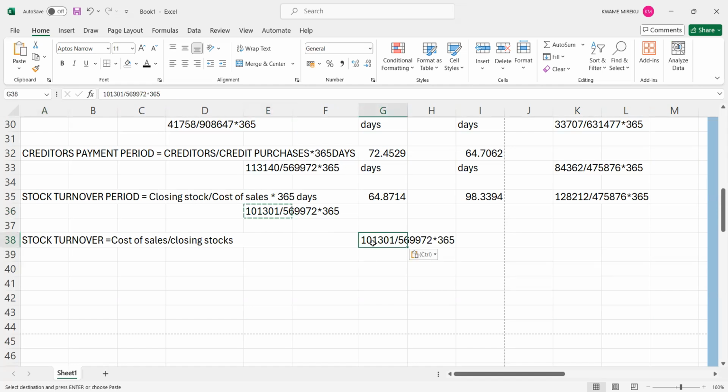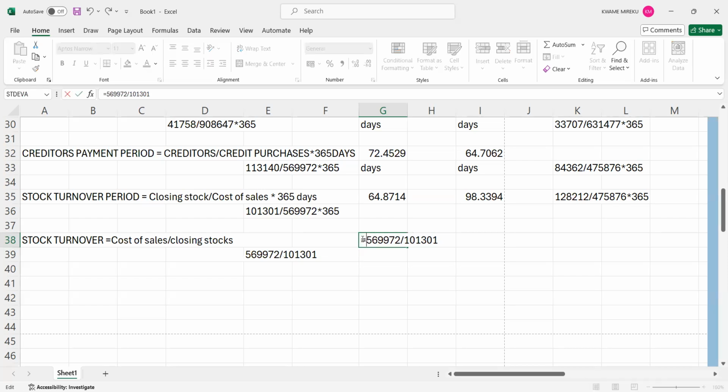So we have the cost of sales now as the numerator without any days. It is measured in number of times. How many times are we able to sell in a year, averagely? So let me do the flip for this one.